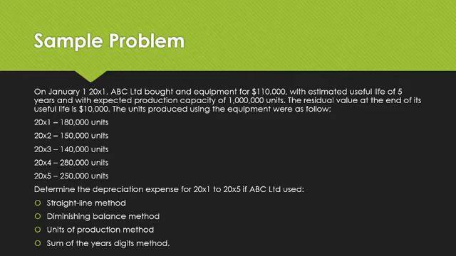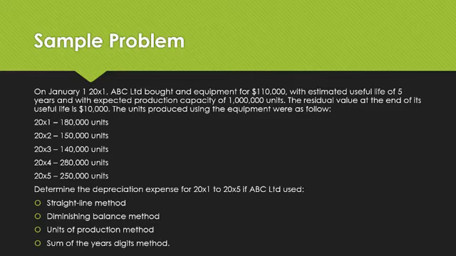The residual value at the end of its useful life is $10,000. The following is also provided to determine how many units were produced in 20x1, 20x2, 20x3, 20x4, and 20x5.